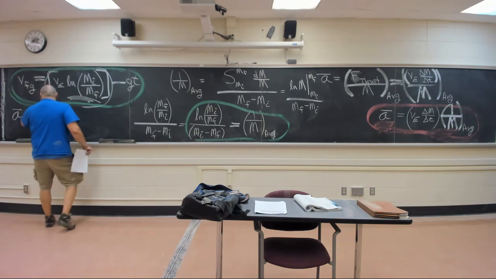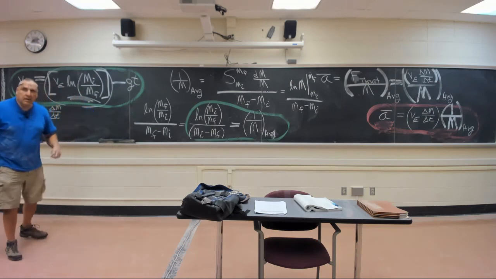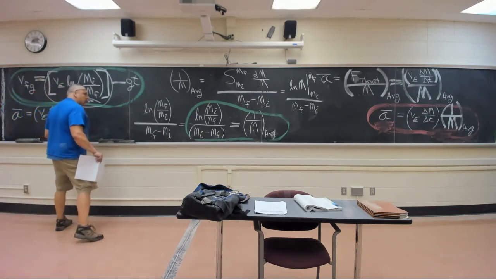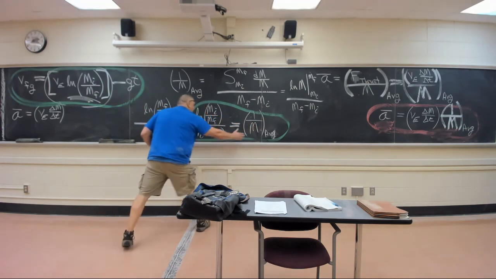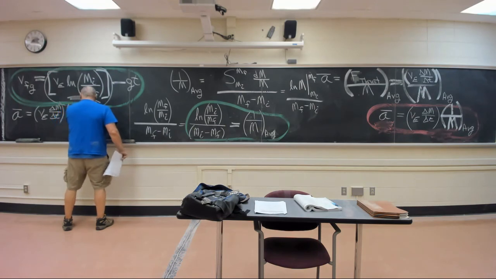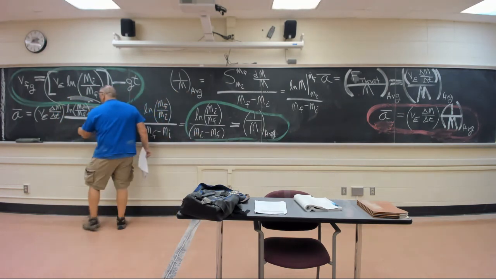Acceleration is VE delta m over delta t. You've got all this, this equals that. Mi minus mf is delta m.